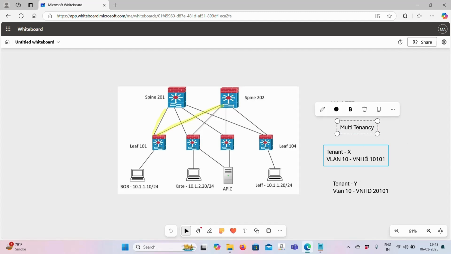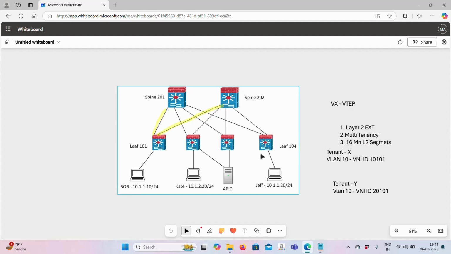So the first advantage is that it helps us with layer 2 extension. This is the second advantage, multi-tenancy, and the first advantage is the layer 2 extension. The third advantage of VXLAN is that it creates 16 million L2 segments.